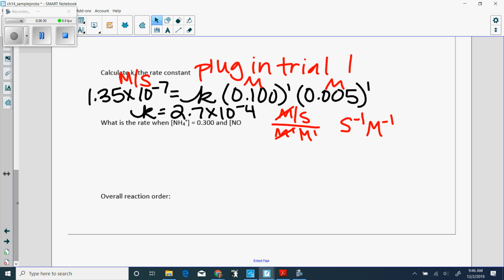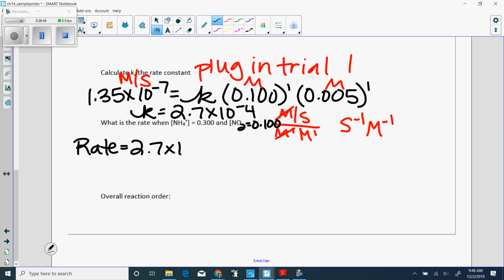Okay, what is the rate when NH4 equals 0.3 and NO2 equals 0.1? Sorry. So rate equals k. We now know that k is 2.7 times 10 to the -4, times the concentration of NH4 to the monkey, times the concentration of NO2, which I didn't type in for whatever reason, to the narwhal.